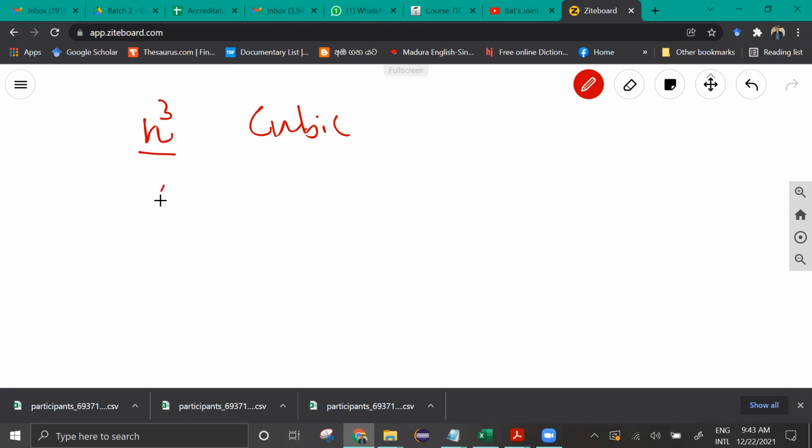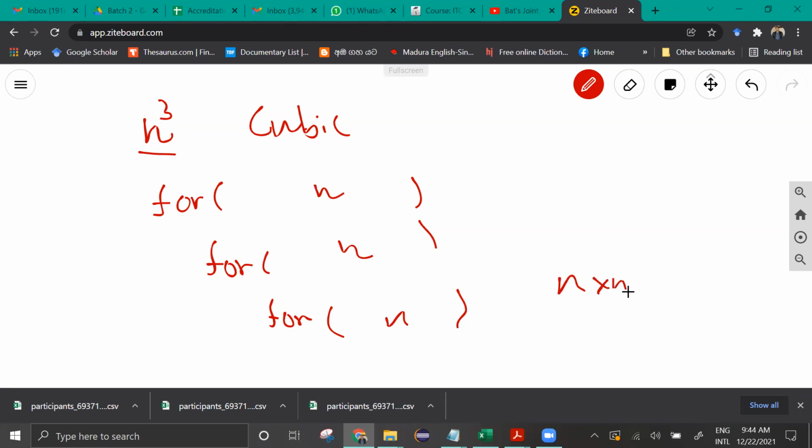Now you can understand, I think, suppose we have 3 nested for loops. Suppose this one goes up to n, this one goes up to n, and this one goes up to n. In this case, the number of iterations would be 3 n's multiplied, n squared.